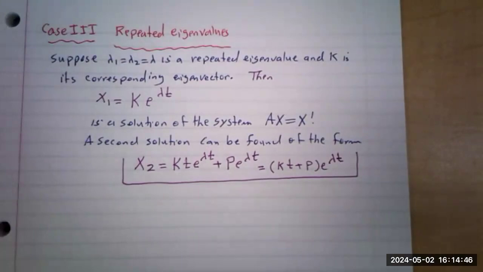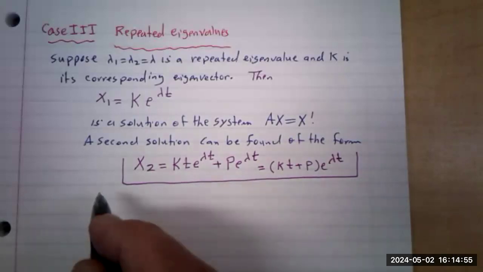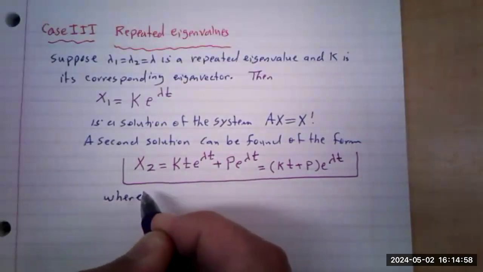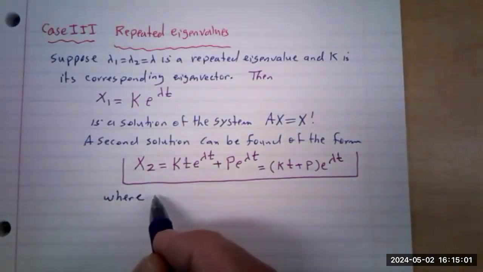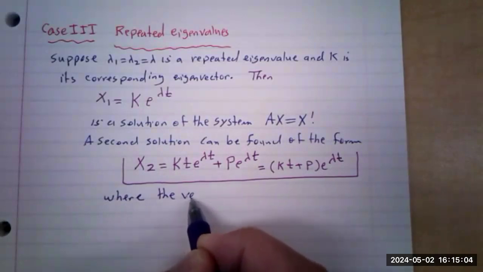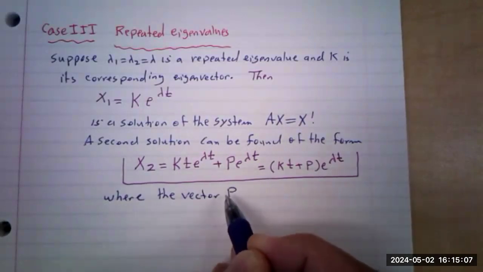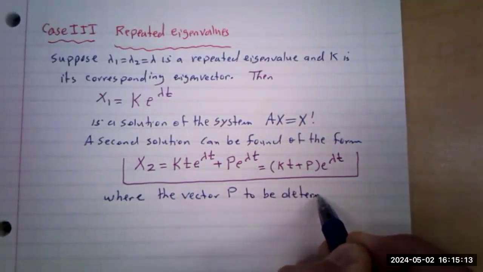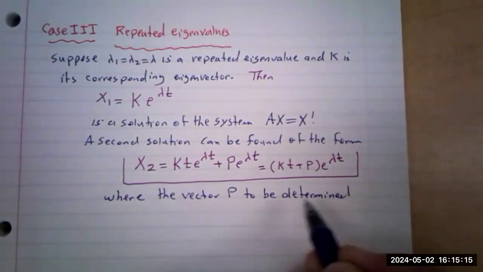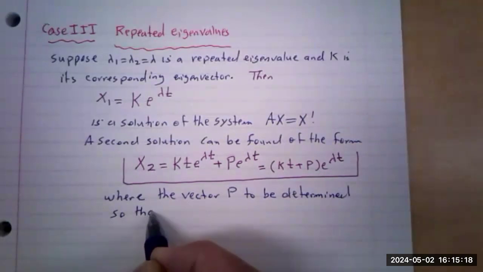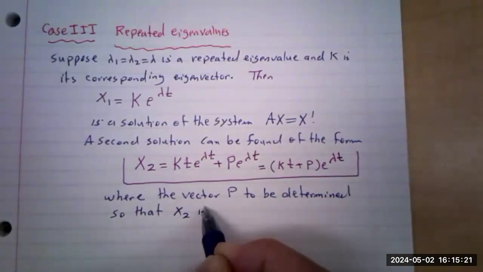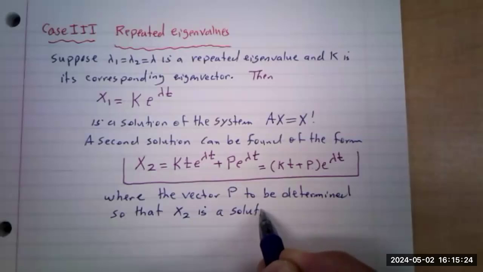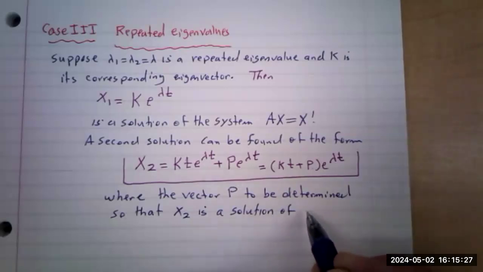In order to be a solution of the system, it must satisfy the system, so we have to find the p, where p is a vector to be determined, so that of course x2 is a solution of the system.